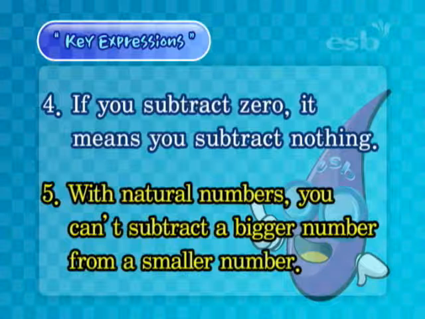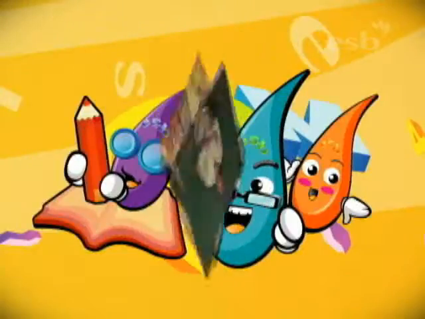With natural numbers, you can't subtract a bigger number from a smaller number. Well, there we have it. Those are the 5 main sentences for today. We will think about those while we study subtraction. Let's go and do it.